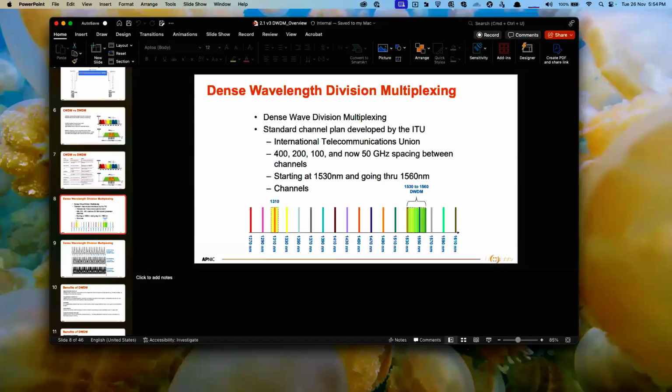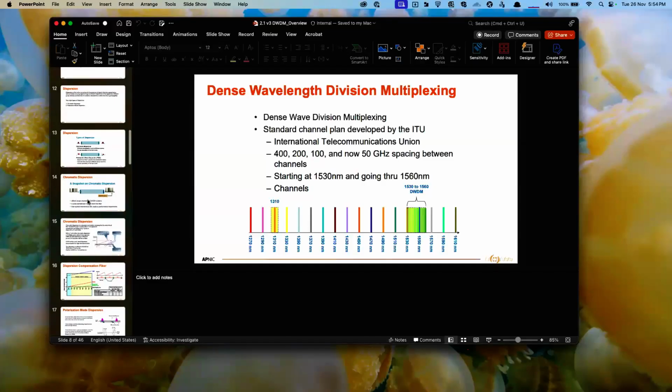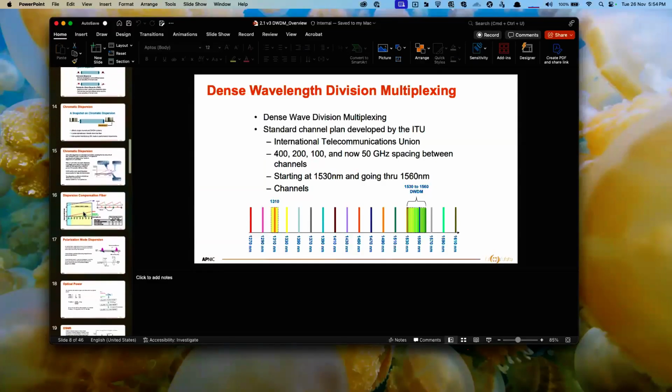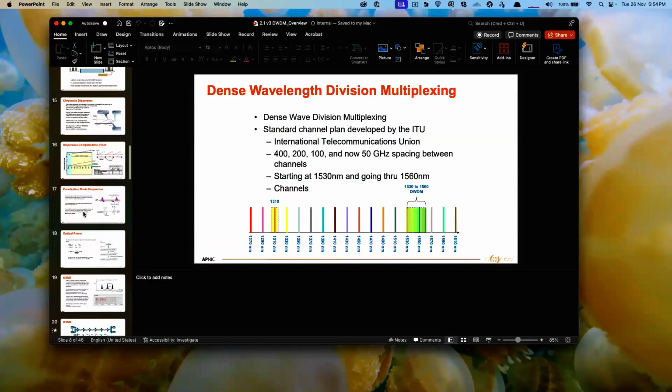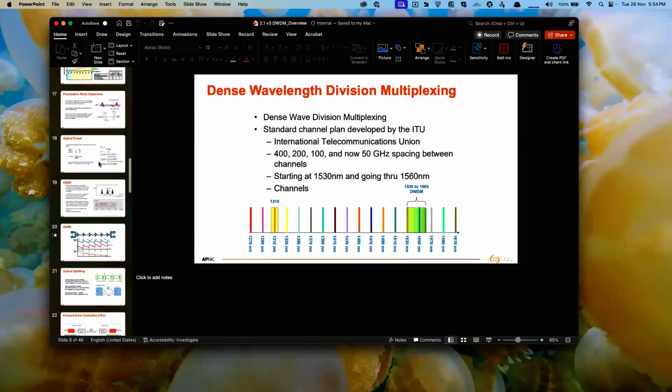We tried to understand what DWDM wavelengths or bands look like. We discussed chromatic dispersion, polarization mode dispersion, and dispersion compensation module. These are the brief discussions we had, and we also had a short discussion on optical power.